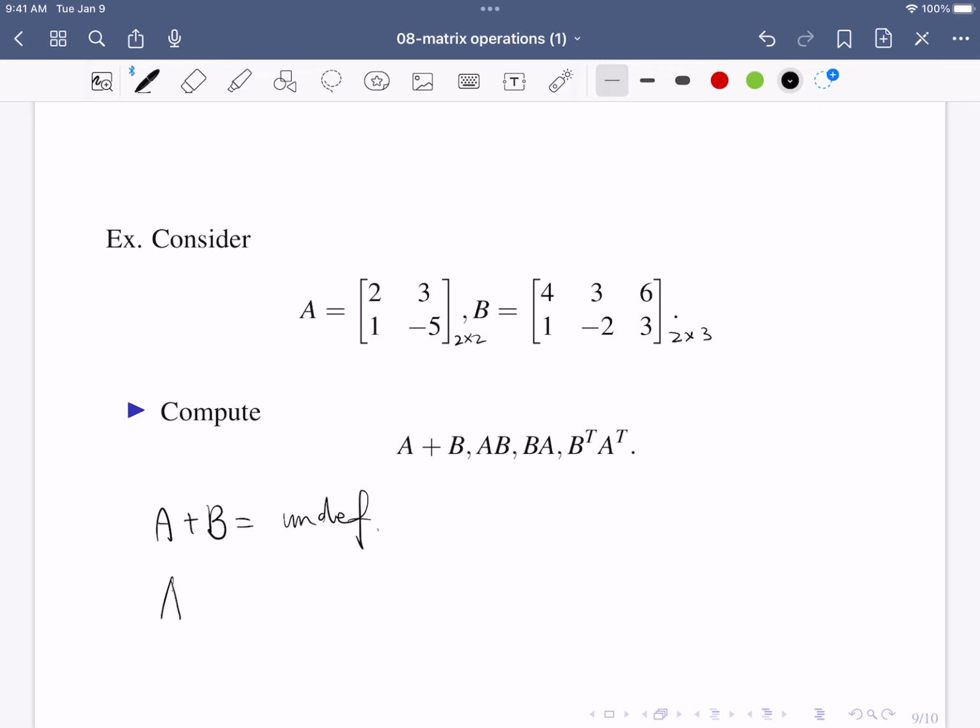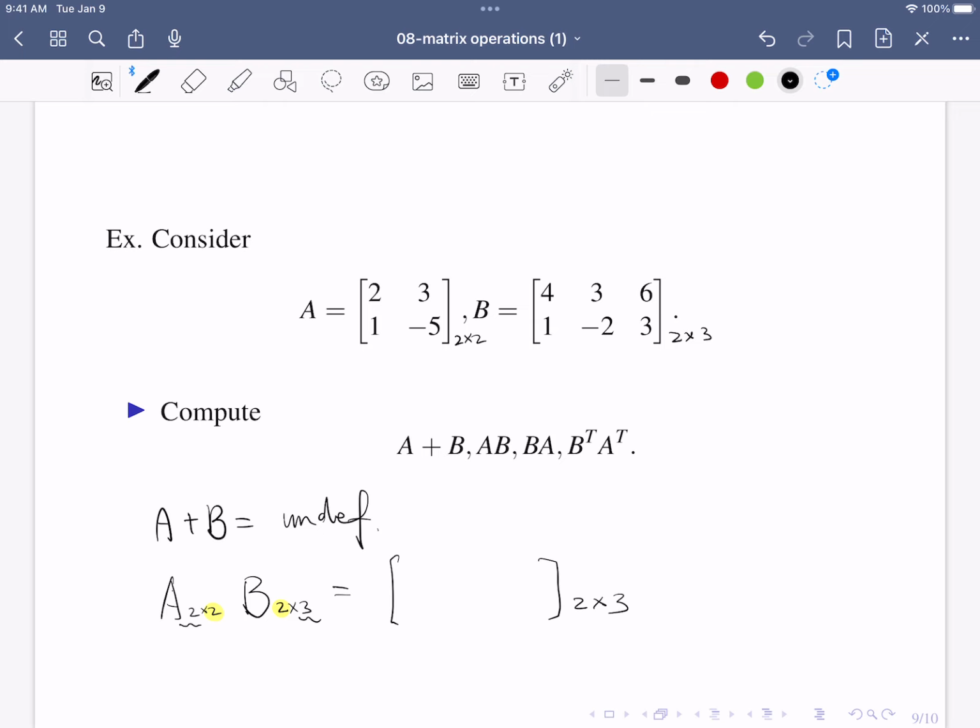What is AB? Multiplication, 2 by 2 and 2 by 3. Because the second component of the shape of A and the first component of the shape of B agree with each other, you're supposed to get a matrix of 2 by 3.